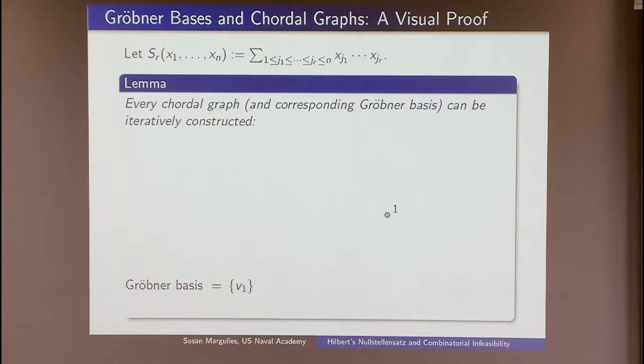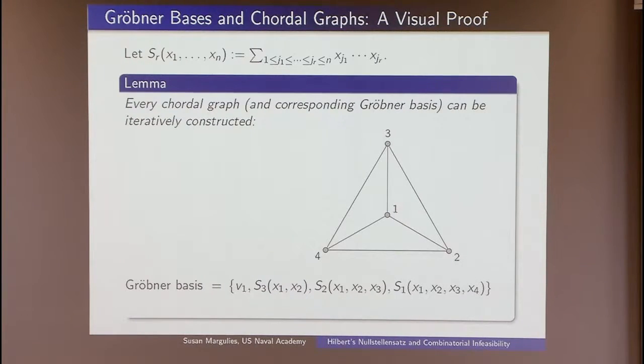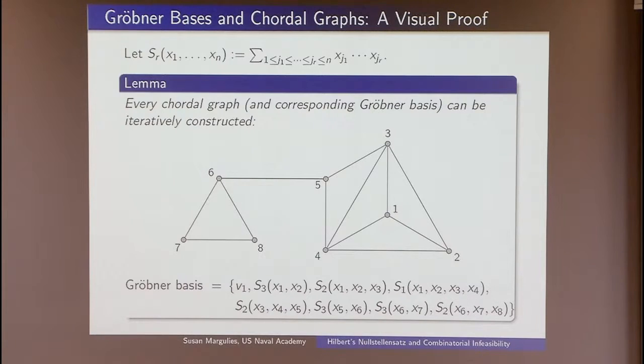Remember, that would just be x_i to the k minus 1, or x_1 to the k minus 1. As we add an edge, we add this particular polynomial. As we add another edge, we add this particular polynomial. As we continue growing it, we add the associated polynomial. And by the time we get to the end, we have the chordal graph. And this is the Gröbner basis, it turns out. So that was the theorem that came out of Snowbird.